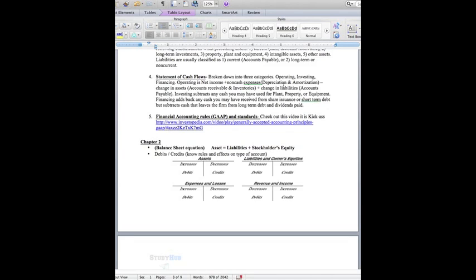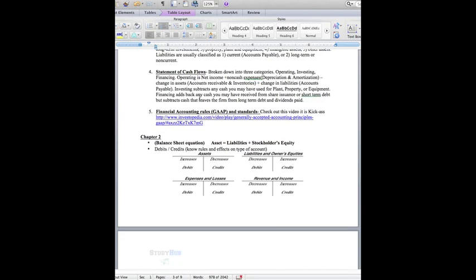So I give a little bit more of the equation. Obviously, if you've bought plant, property, or equipment, you need to make sure that you subtract that out, because you're giving those other firms cash for plant, property, or equipment, and the cash is leaving the firm. The cash is not coming into the firm. And then financing, like we talked about, if you issue shares of common stock, you're going to be giving out stock and in turn receiving cash.